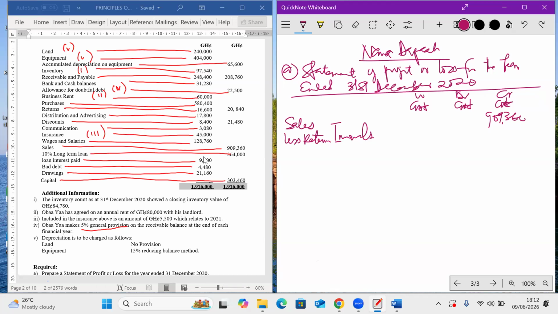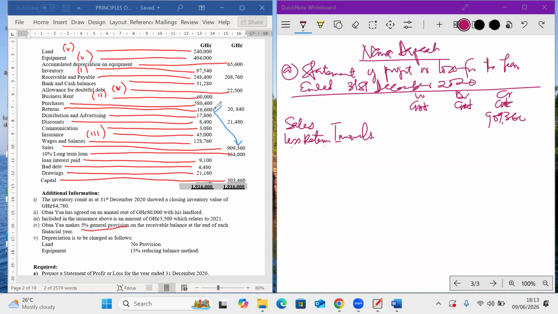And I told you that whenever an item is moving from one side of the account to the opposite side, will it go and add or subtract? Subtract. So that's why I'm saying less return inwards, because we are moving the return inwards, which is on the debit side, to join the sales on the credit side.